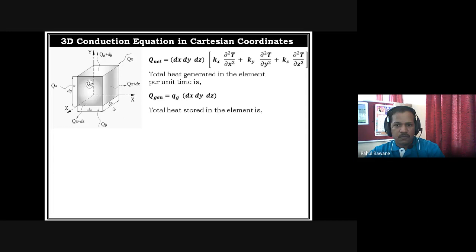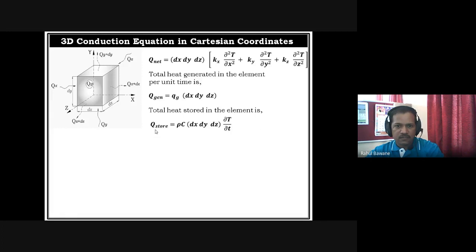Now the storing capacity of this element. So total heat stored in the element, because whatever the storing capacity, if heat becomes more than that storing capacity, then it will transfer to the surrounding medium. So for this element, what is the total storing capacity?